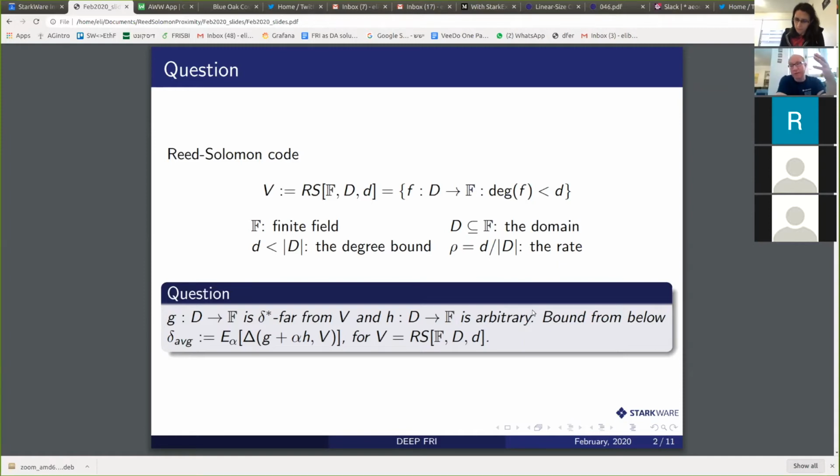What you get, if you started with Reed-Solomon codes of degree D, is some member of the Reed-Solomon code of degree 2D, which means that the span of all such objects is still a pretty good error correcting code. It has distance 1 minus 2 rho. And often this is good. So that's the second property.